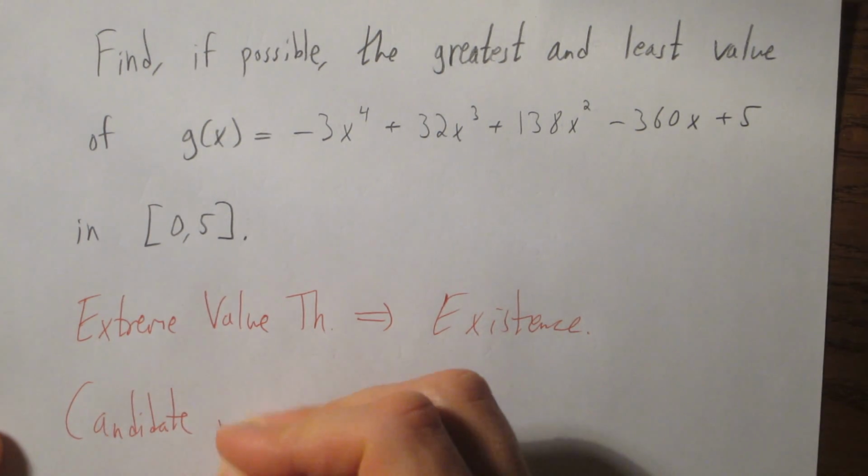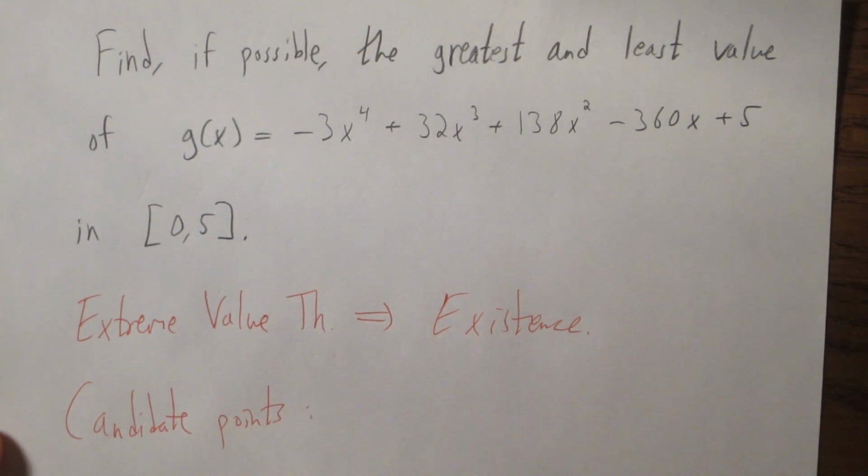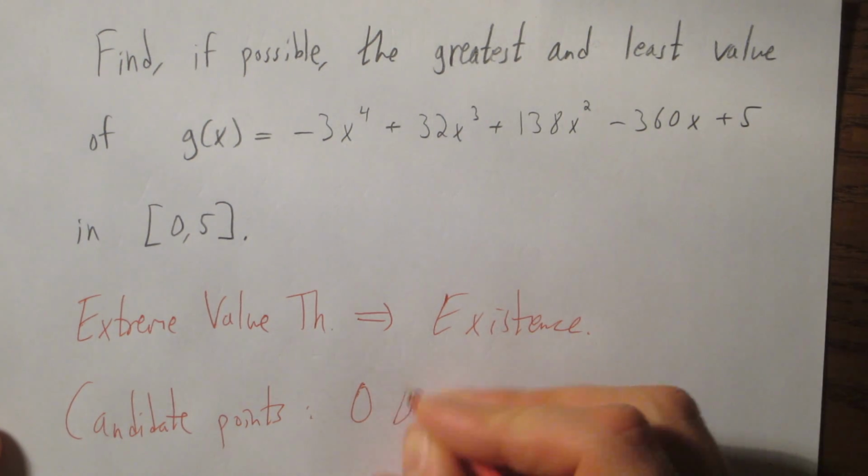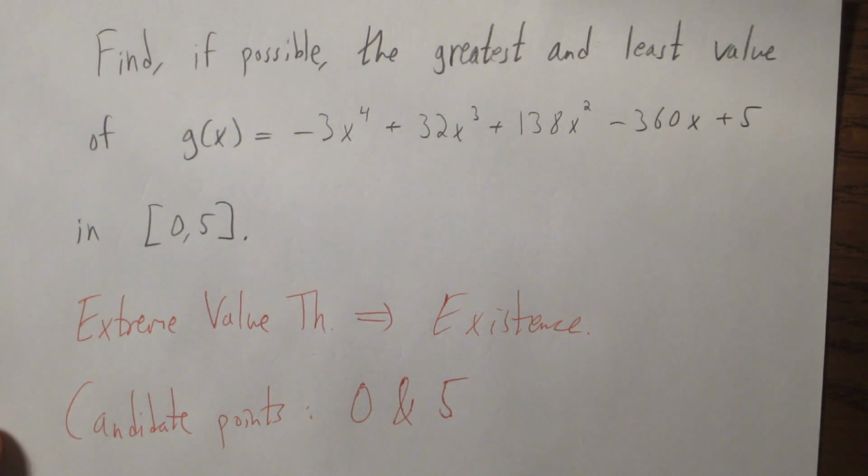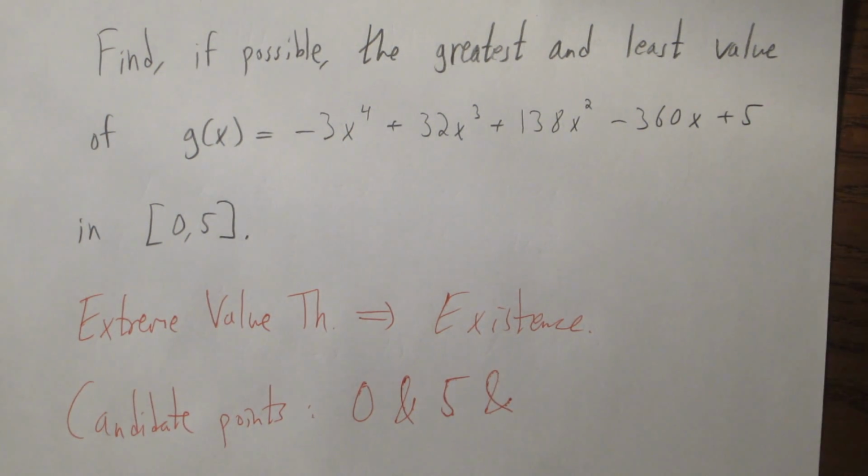So first you write down the candidate points, the points at which g might take its max and min value in this interval. You write down the endpoints as well as any critical points that lie in the interval over which you're maximizing or minimizing your function. So we need to find the critical points.